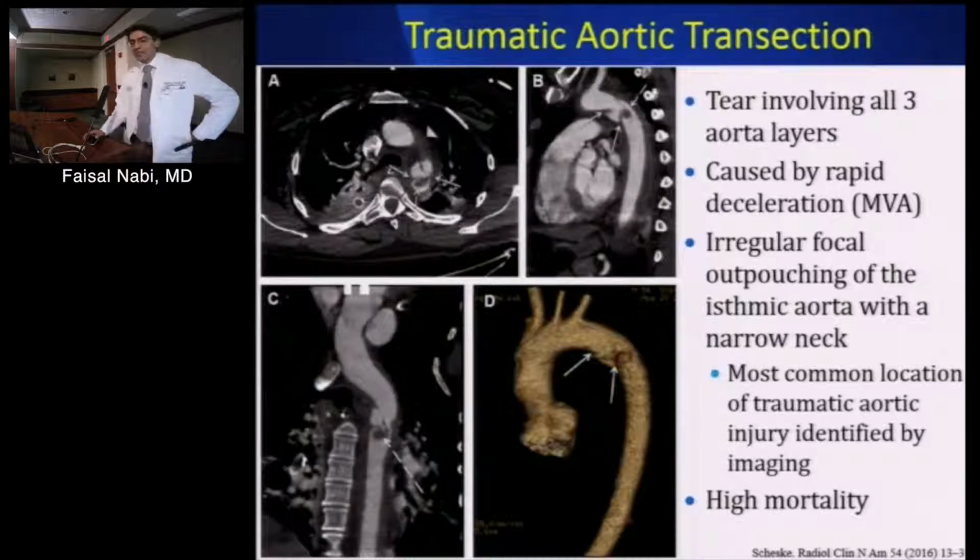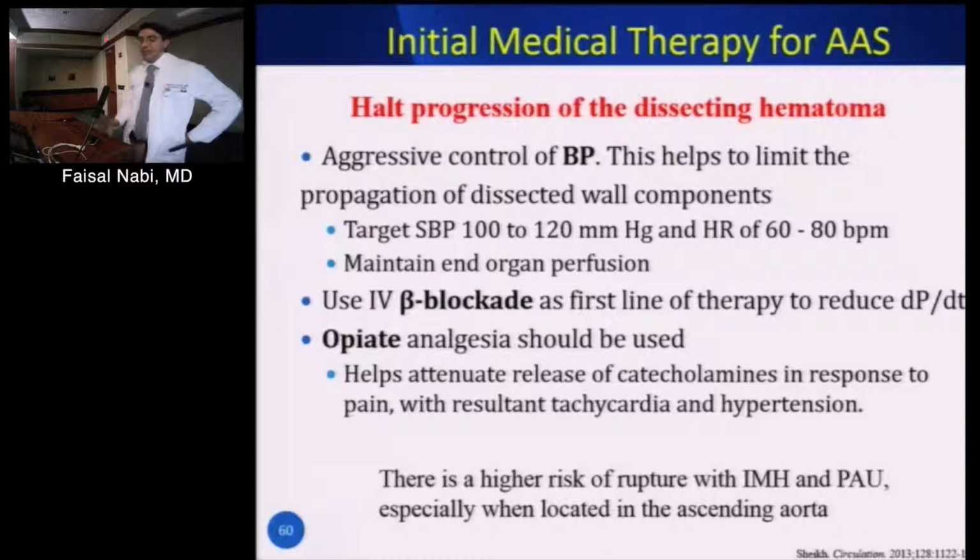When it comes to medical therapy for any aortic syndromes, the most important is aggressive blood pressure control. You want to aim for blood pressures at 100 to 120. You want to use IV beta blockers as the first-line therapy to reduce dP/dt. Opiate analgesics are also important to blunt the catecholamine response that you get.